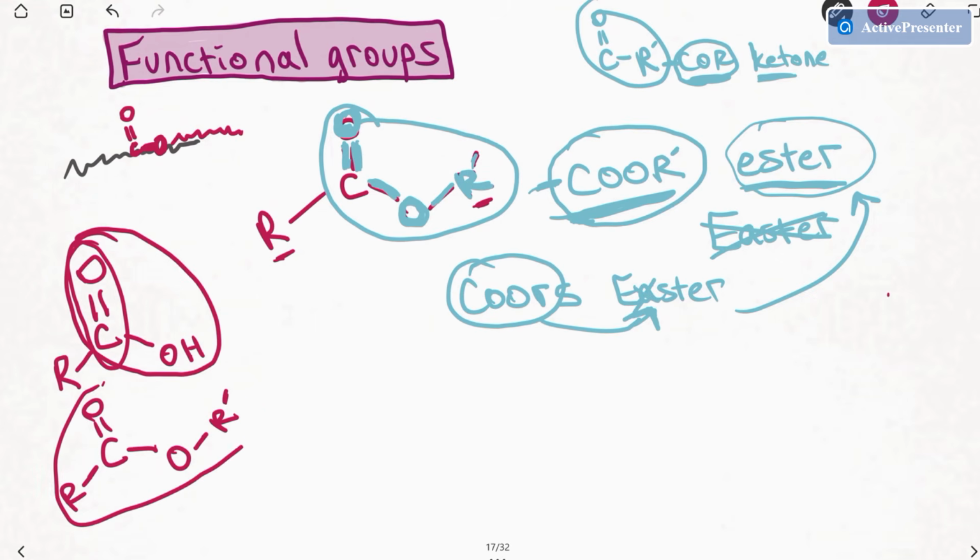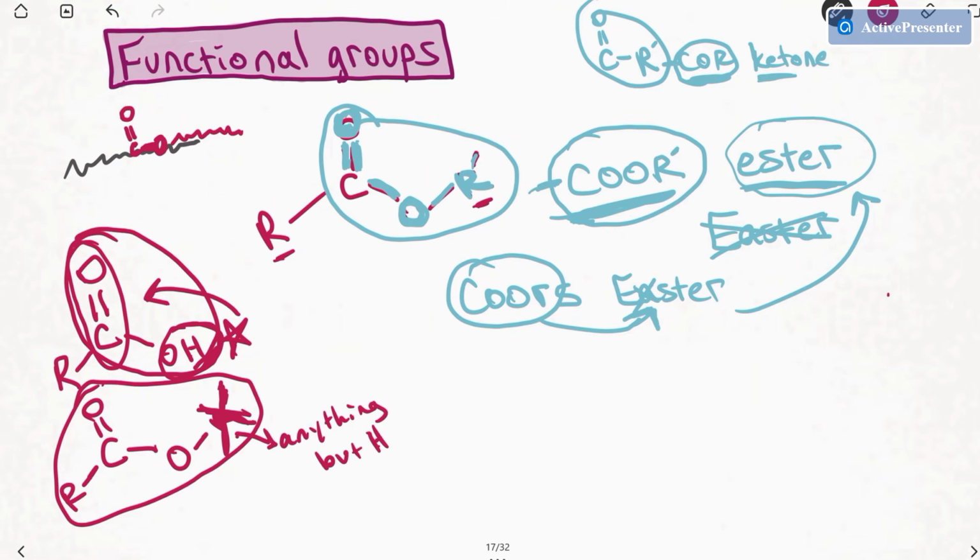Okay, so yes, technically, a carboxylic acid is also classified as an ester. But if you have the H instead of the R, instead of a whole bunch of other stuff in the rest of the molecule, or just a different element, if you have the H instead, that's when it is a carboxylic acid. But if you have anything but H, hydrogen, then that is when it is an ester.